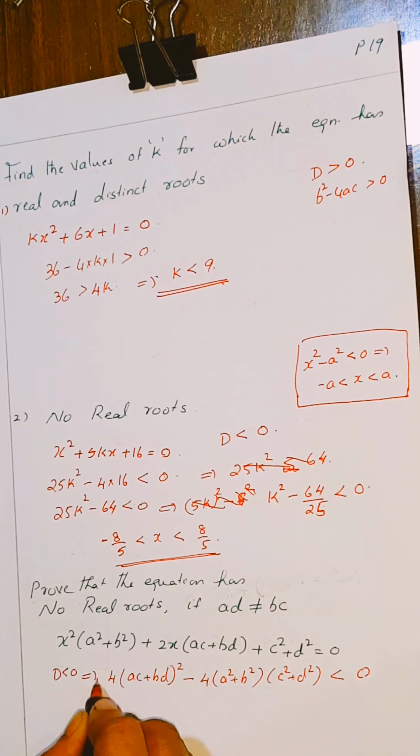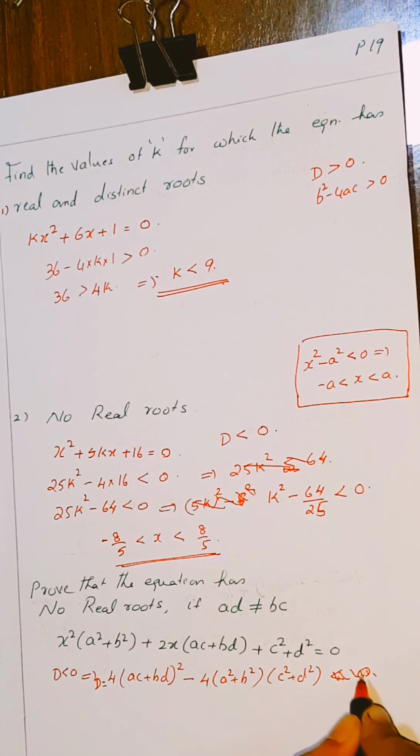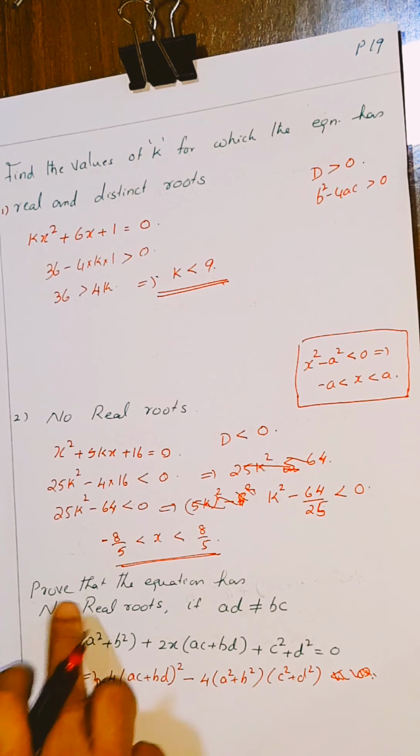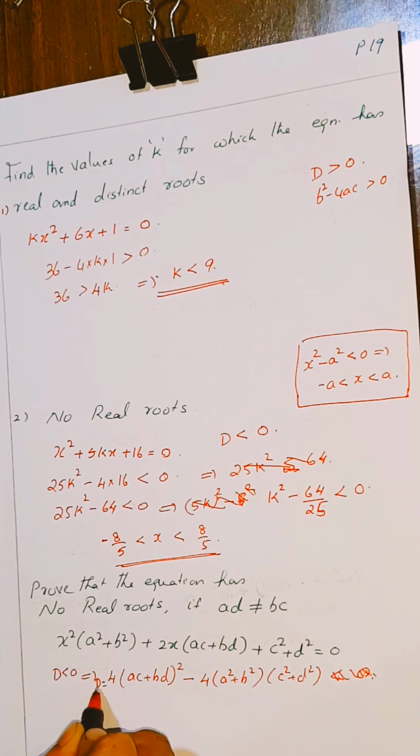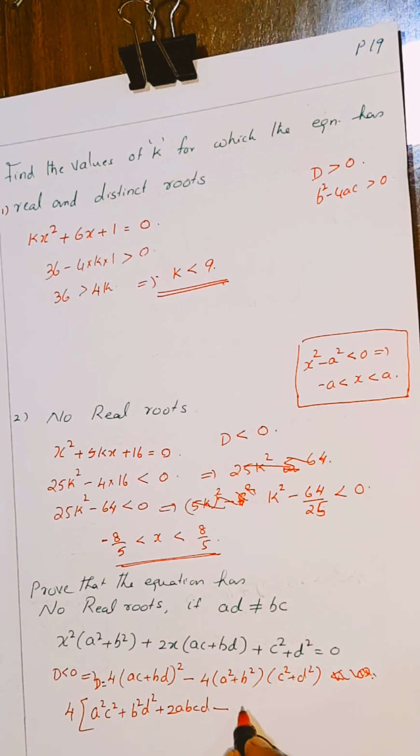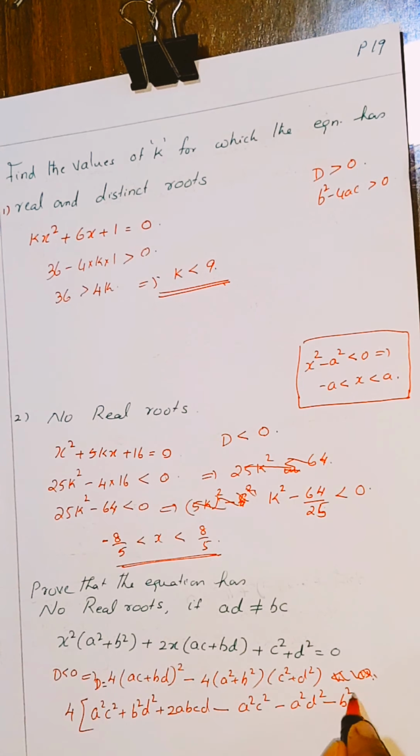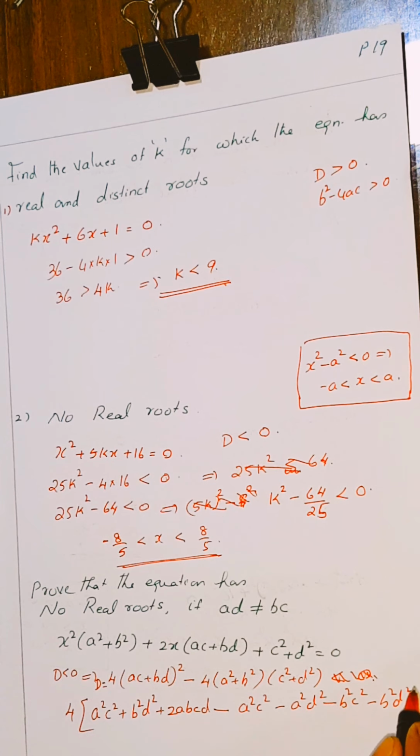So let us take this D is equal to this. We will prove this is less than 0, then we can say it does not have any real roots. So 4 into, this will become a squared c squared plus b squared d squared plus 2abcd minus, the 4 has come out. Now this will become a squared c squared plus a squared d squared plus b squared c squared plus b squared d squared.